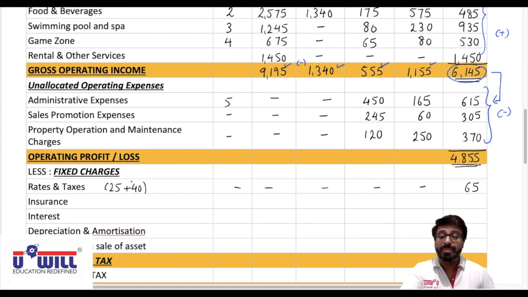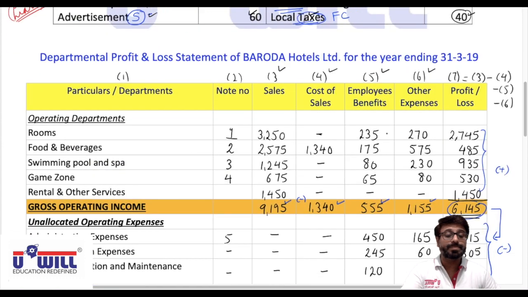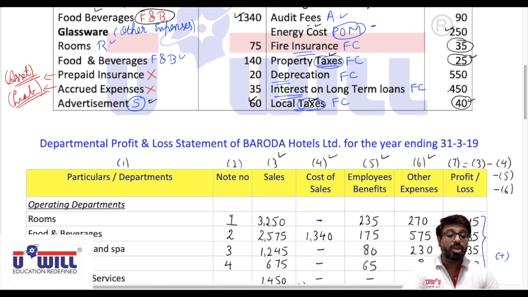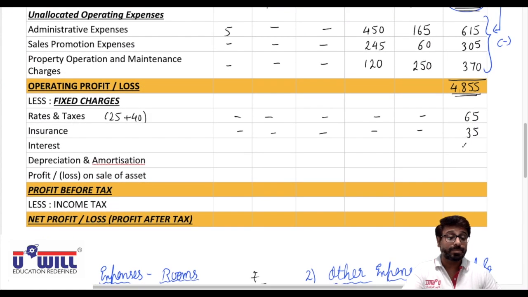Insurance, fire insurance 35. Interest on long term loans, you all can see 450, directly in the last column you'll record it.